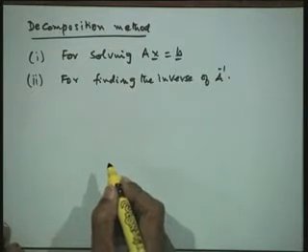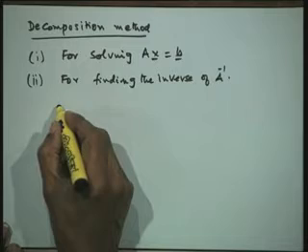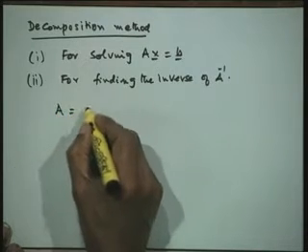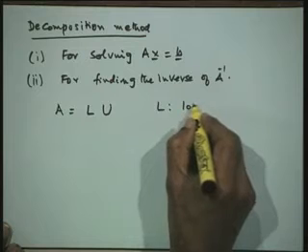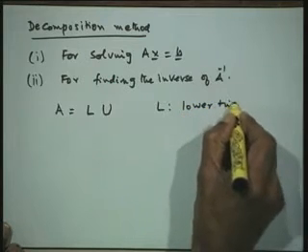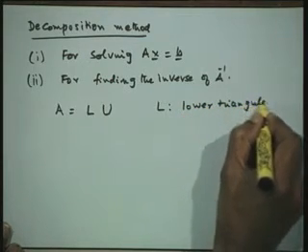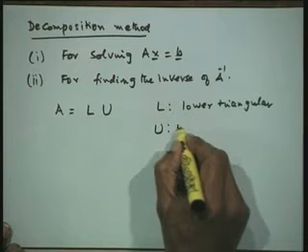Now, for this purpose we had written A as the product of L and U. L is a lower triangular matrix and U is an upper triangular matrix.